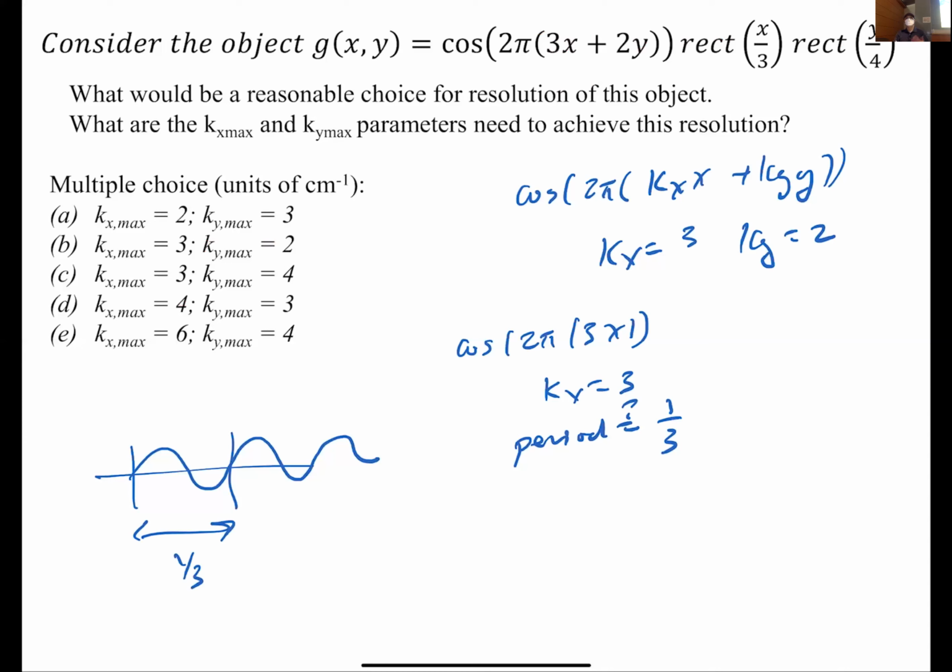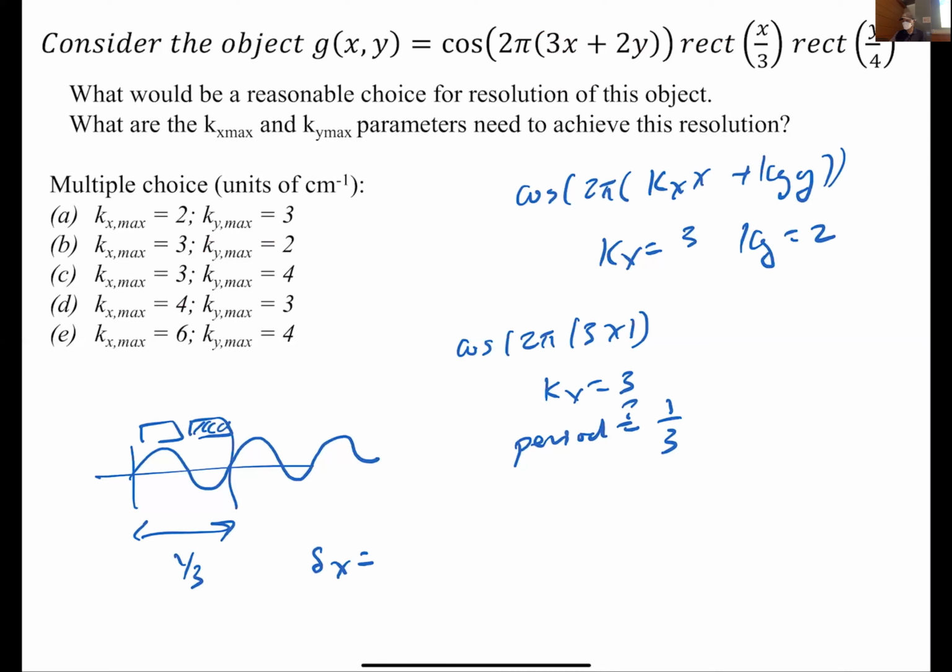What is the minimum spatial resolution you want to be able to represent that cosine with period 1 over 3? What should your delta x be? 1 over 6, because you've got to be able to at least sample the positive peak and the negative peak.